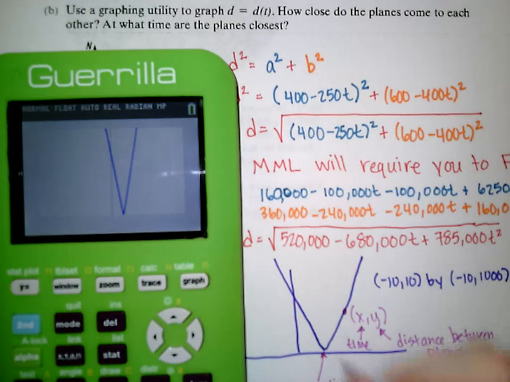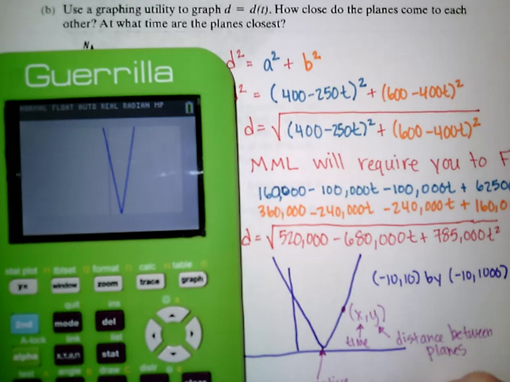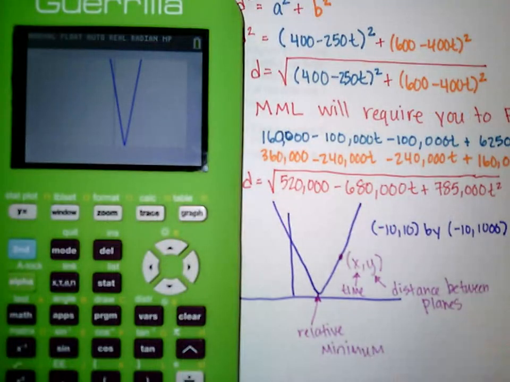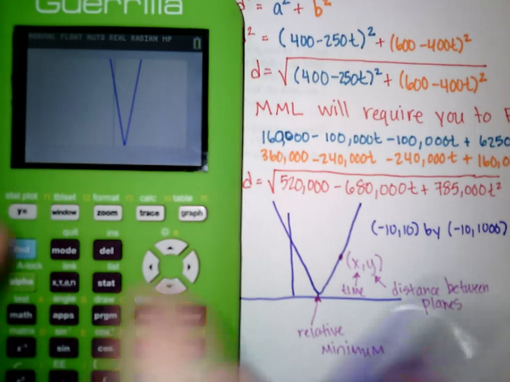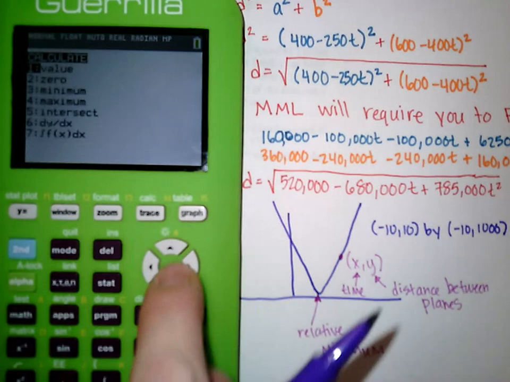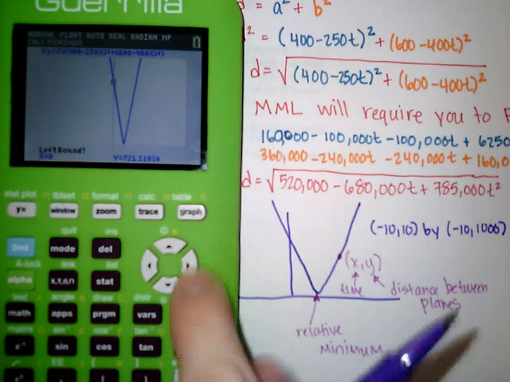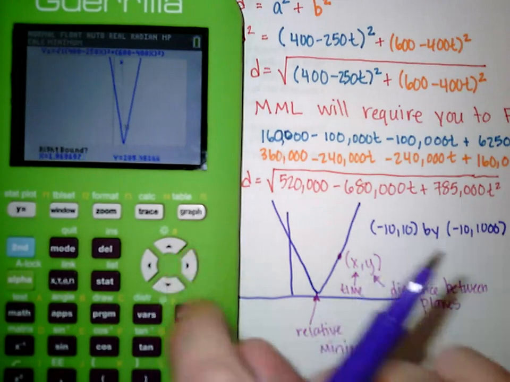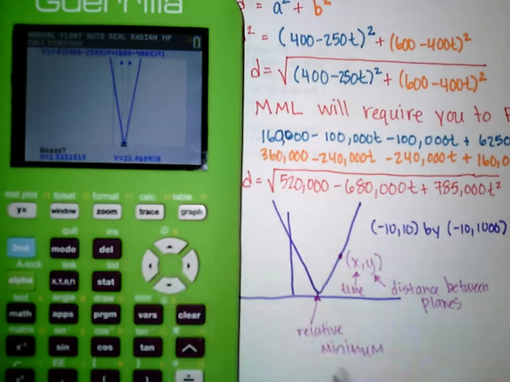At that relative minimum, it's going to give us the closest the planes are to each other and also the time that that happens. So we just go second calc, find the minimum, and we want to do the left bound, right bound, guess. And that ordered pair is 1.528, 21.19998.